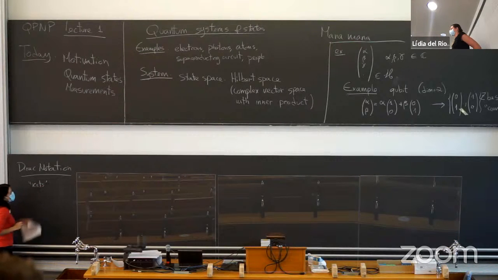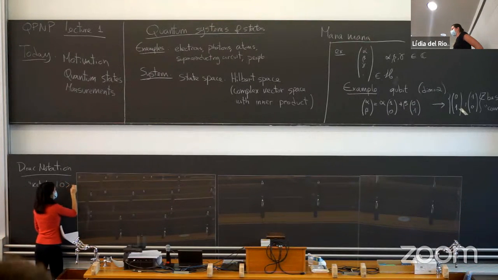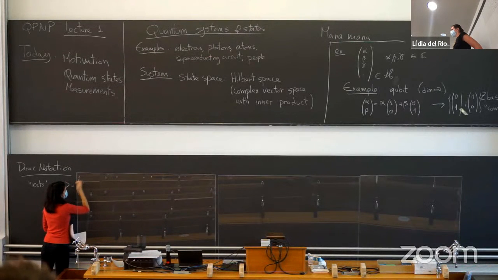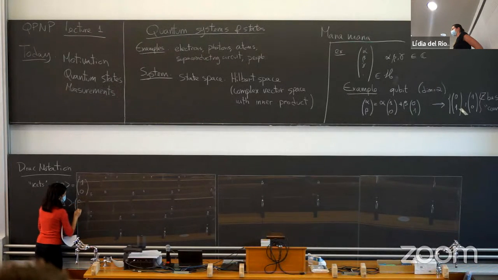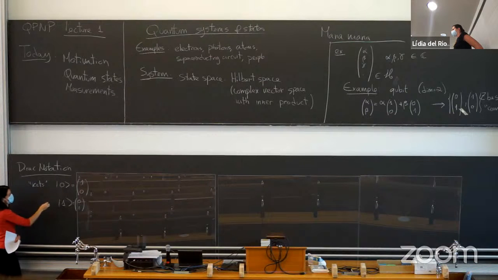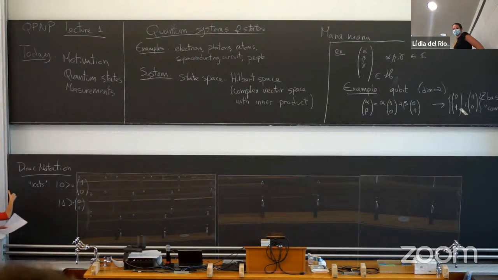And a ket is just a column vector, really. So we call 0 this one, and we call 1 this one. And you represent it like this. So this is a dash, and this is like a plus sign, a larger sign.